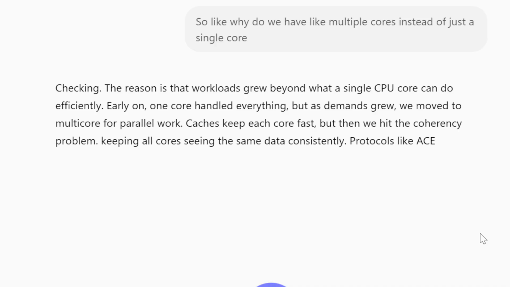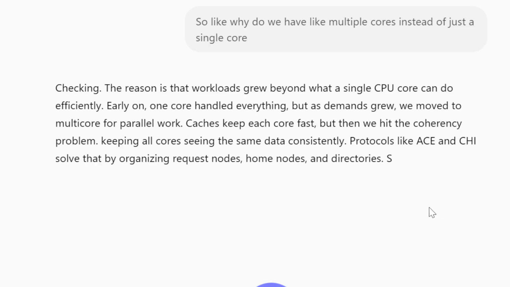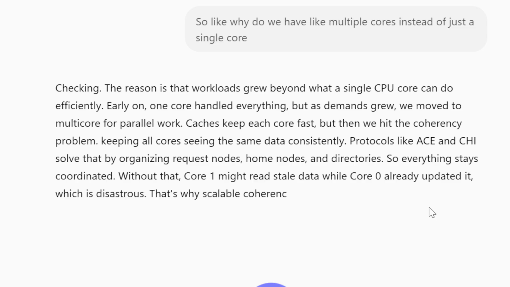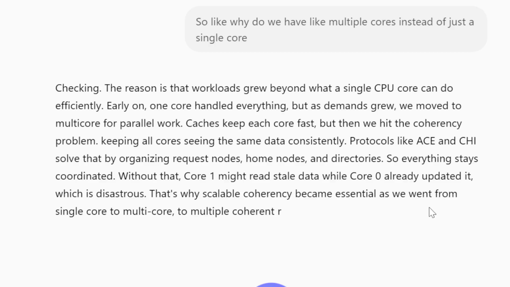Protocols like ACE and CHI solve that by organizing request nodes, home nodes, and directories so everything stays coordinated. Without that, Core 1 might read stale data while Core 0 already updated it, which is disastrous. That's why scalable coherency became essential as we went from single core to multi-core to multiple coherent request nodes.